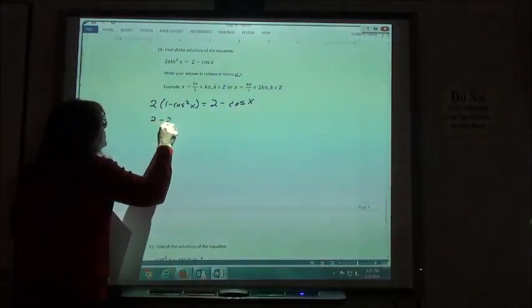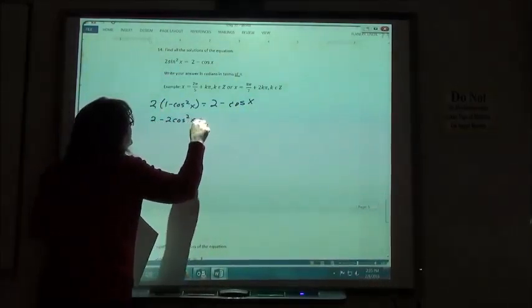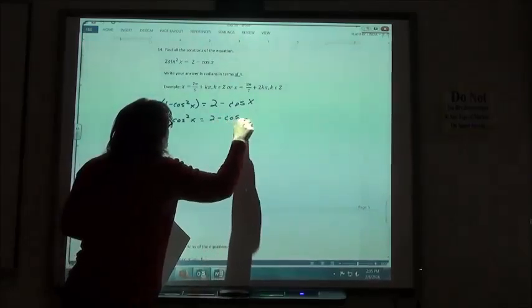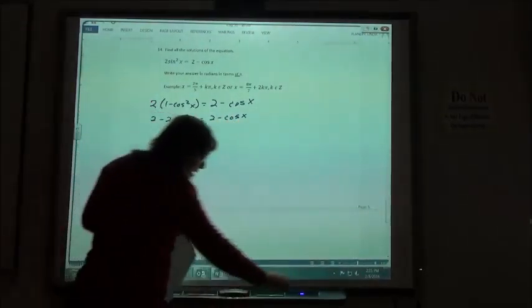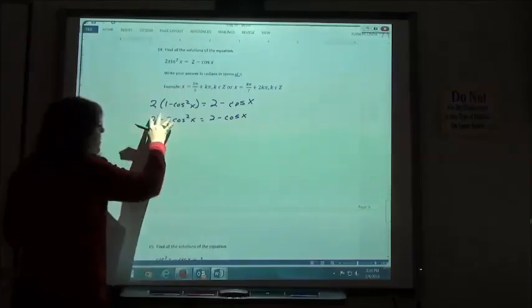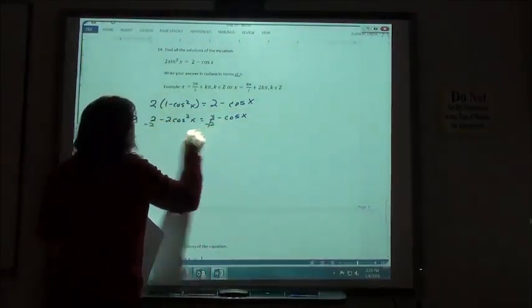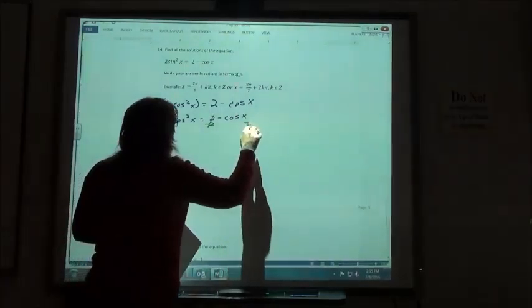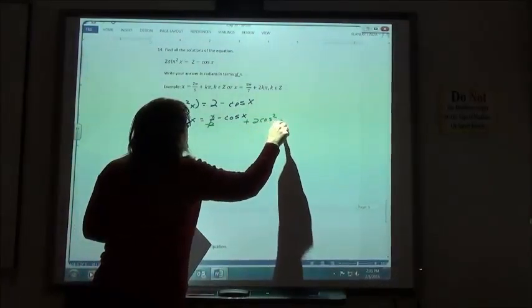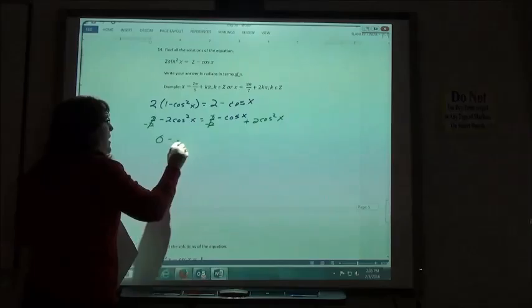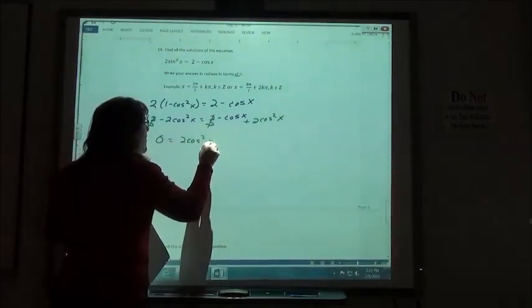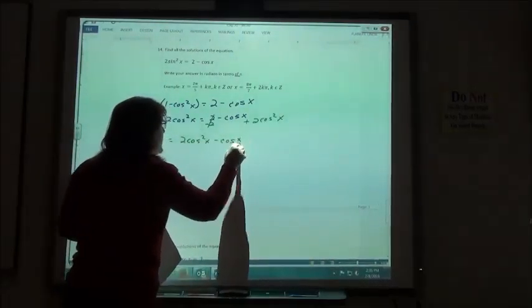So 2 minus 2 cosine squared of x equals 2 minus the cosine of x. Since I want my cosine squared to be positive, I'm going to move these two things over here. So I'm going to subtract my 2, which happens to cancel that out, and add my 2 cosine squared of x. So 0 equals 2 cosine squared of x minus the cosine of x.